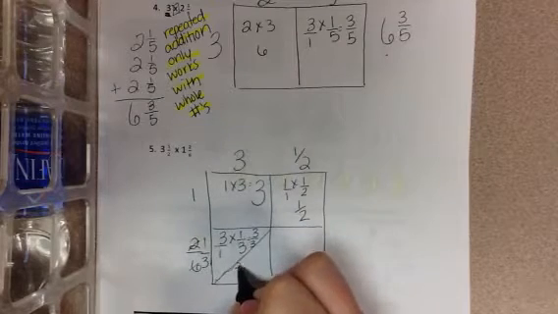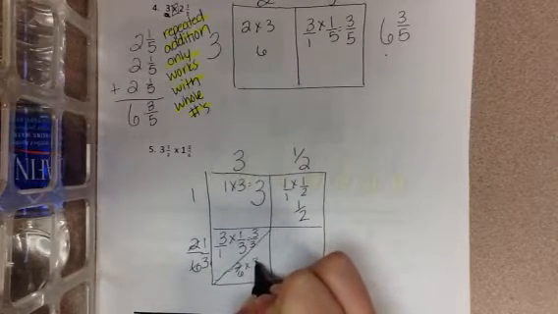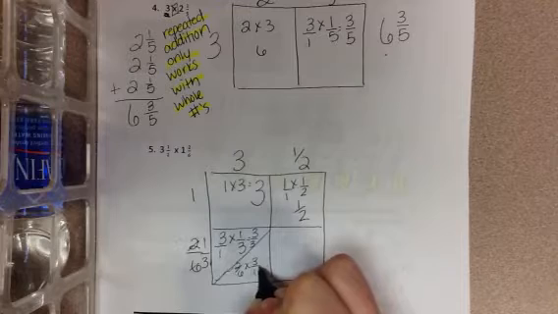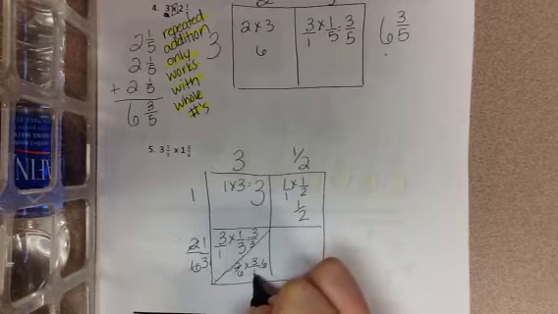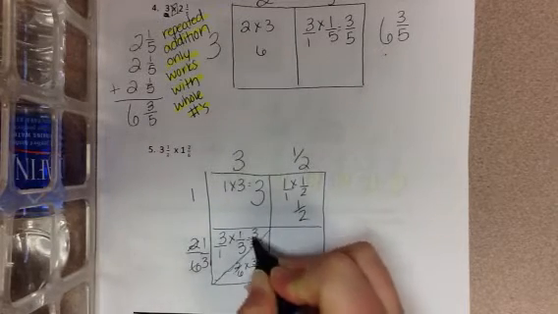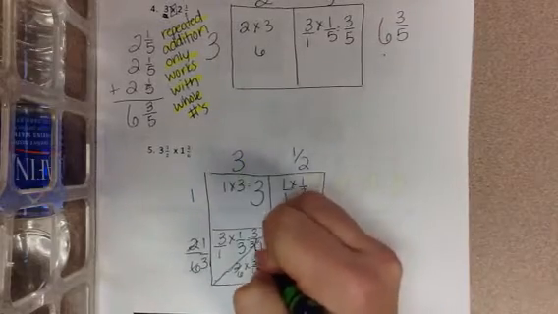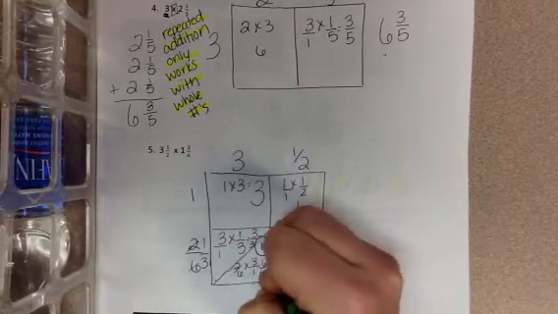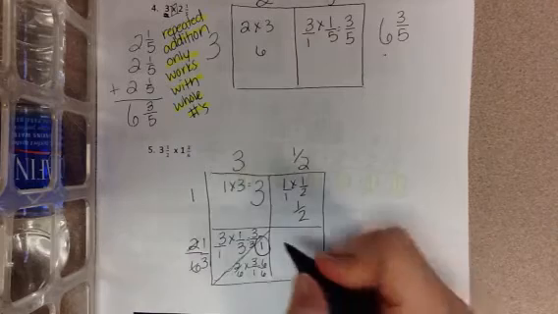If you had done 2/6 instead, 2 times 3 is 6, 6 times 1 is 6. Either way you did it, the answer is 1. 3/3, 6/6, all equal 1.